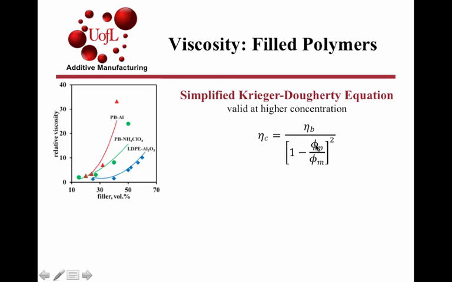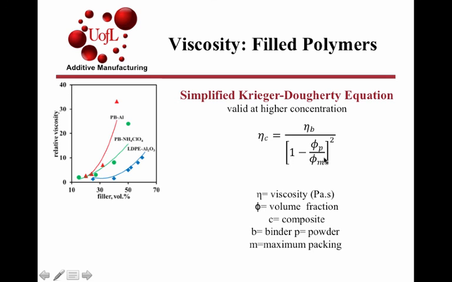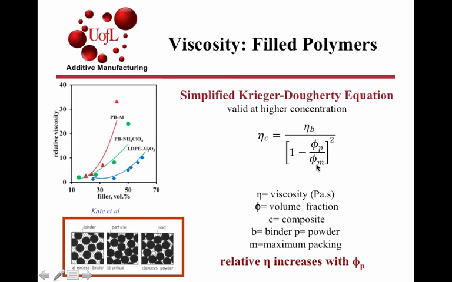It also depends upon the volume fraction of the powder or the filler, and since all particles have a maximum packing density, the packing characteristics of the filler have to be taken into account as well. If phi p reaches phi m, viscosity becomes infinite as the fluid begins to transition more to a solid-like behavior because of such a large amount of particle-particle interaction.